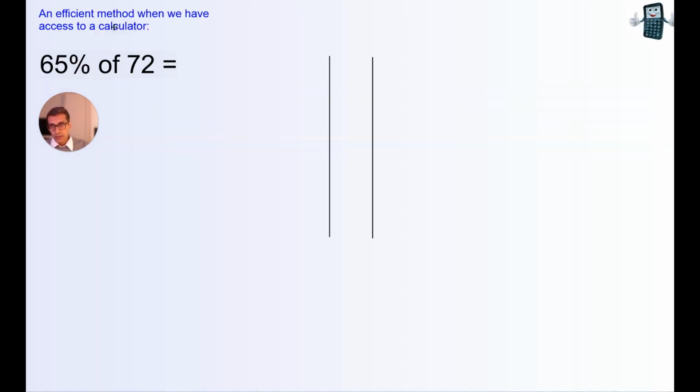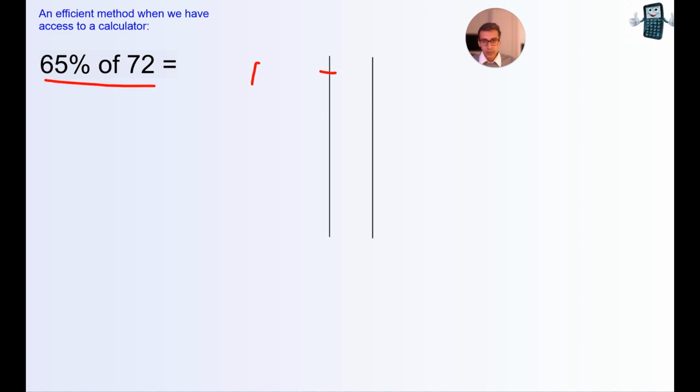Now, an efficient method when we have a calculator. So when you have a calculator, there is an easier way of working this out. So without a calculator, you might do 100% here, which is 72. You might work out 10%. You might work out 60%, and then 5%, and then add the 60% and the 5%.